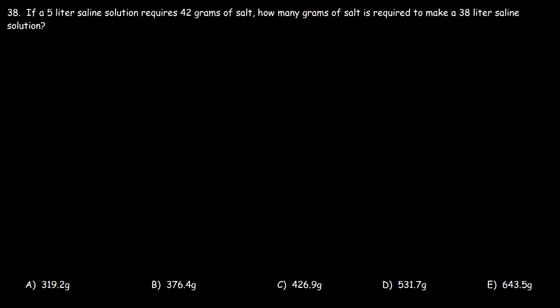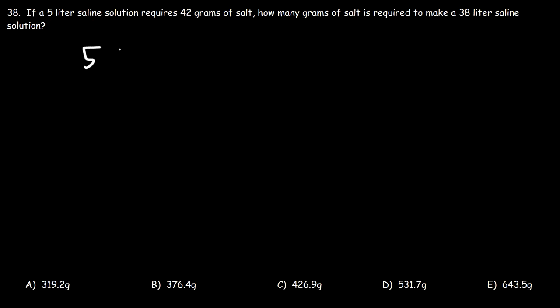Number 38. If a 5-liter saline solution requires 42 grams of salt, how many grams of salt is required to make a 38-liter saline solution? Now what we have is a conversion problem. And the first thing you want to do is identify the conversion factor. The conversion factor in this problem relates the number of liters to grams of salt.